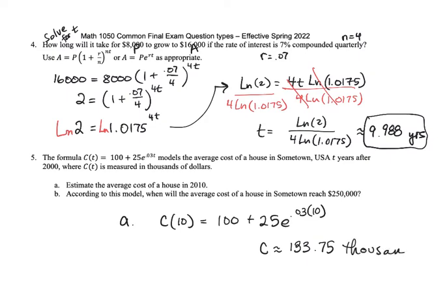You'd have to write the word thousand, or you could simply say 133,750, or you could write it like that. But anyway, you'd have to indicate that you know that this answer doesn't represent $133. It's $133,000. Make sense?